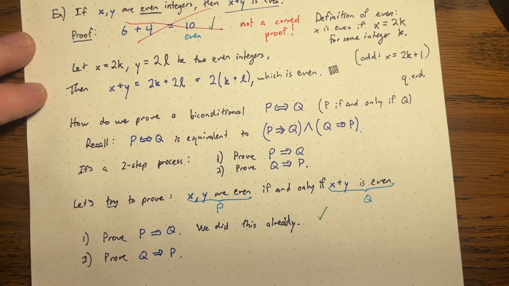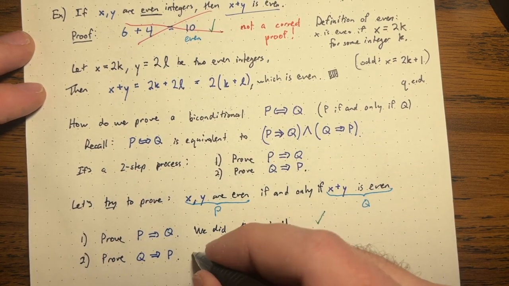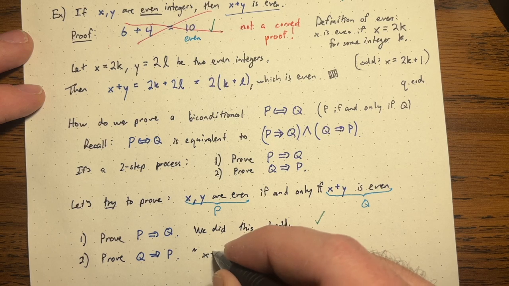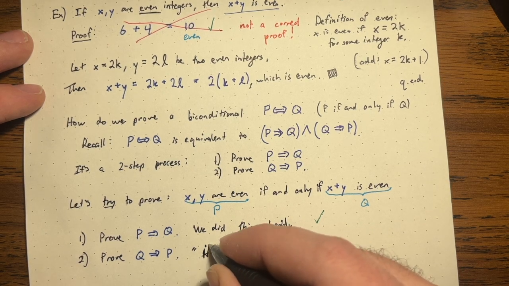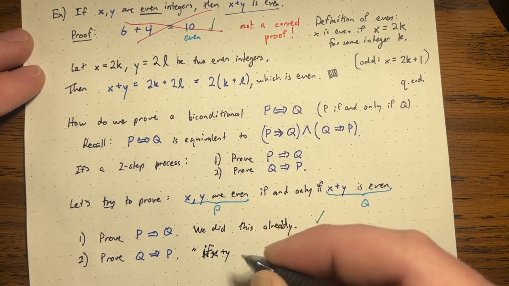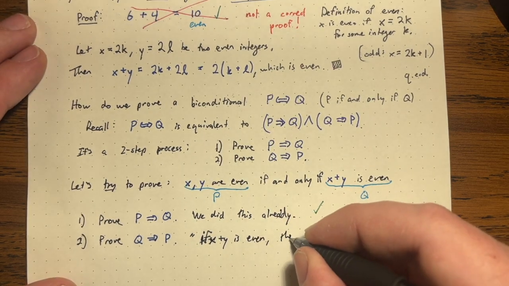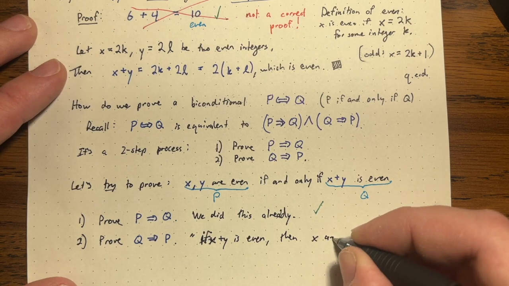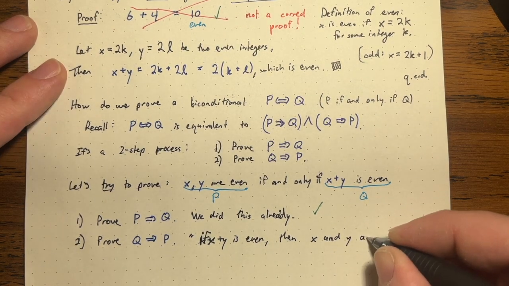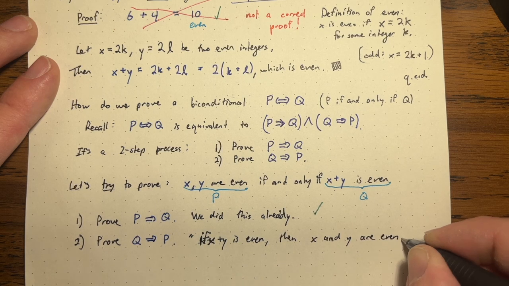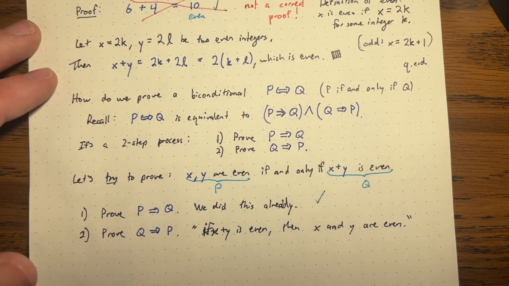So, what does this say? It says if x plus y is even, then x and y are both even. Well, hey, wait a second.